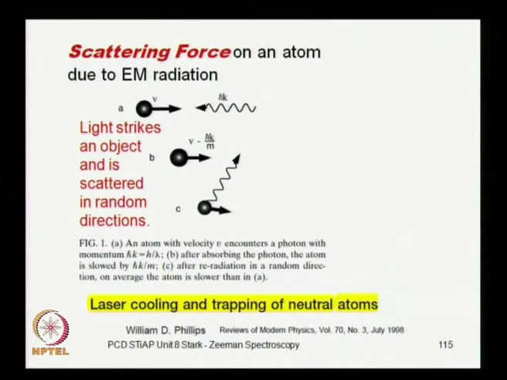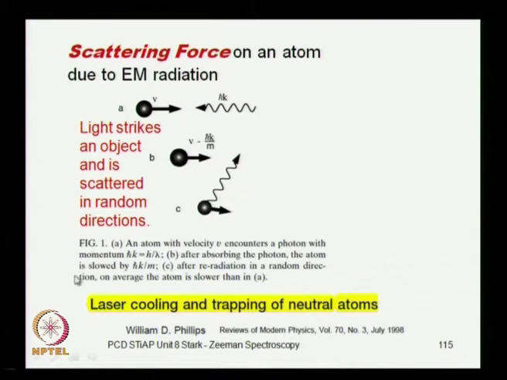So, this is called a scattering force, and this is all again a figure from this wonderful article by Phillips, which I very strongly recommend, and I will only provide a very brief introduction to this article.